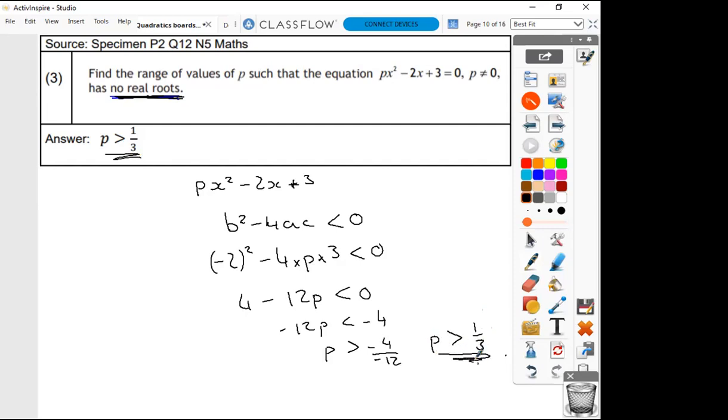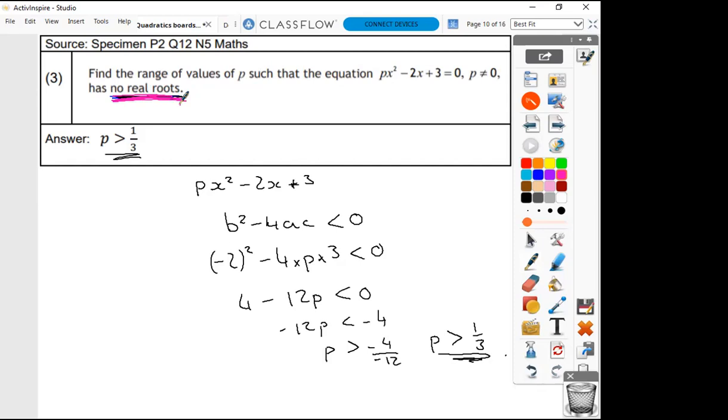So there's a lot of things going on there. Remember our inequalities rule is mixed in with that question. But also we have to know that it has no real roots, so it doesn't touch the x-axis. So b squared minus 4ac has to be less than 0.